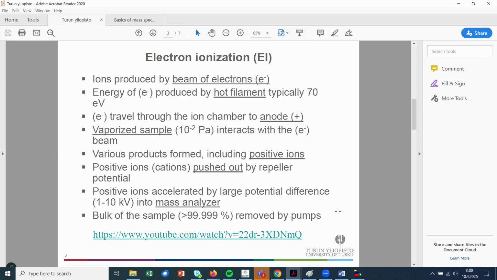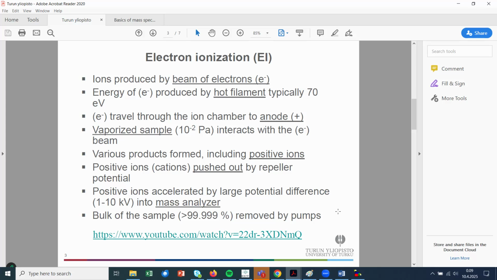Of course, the molecule itself can be ionized, but what is characteristic for electron ionization is that by nature, the ionization step itself causes a lot of fragmentation.